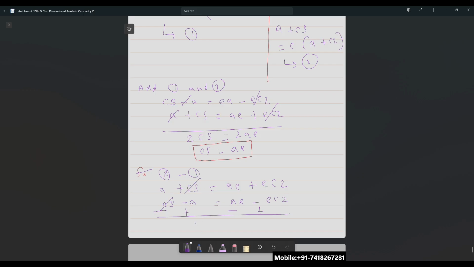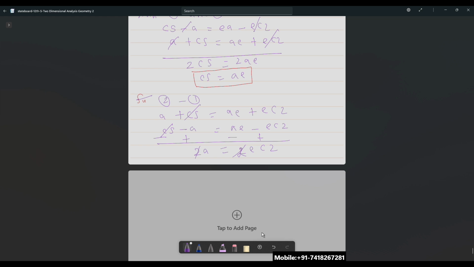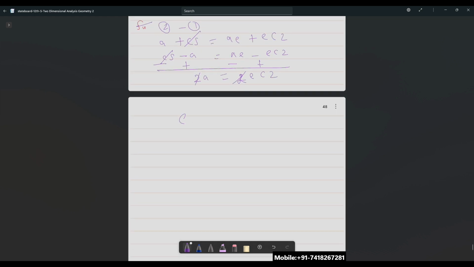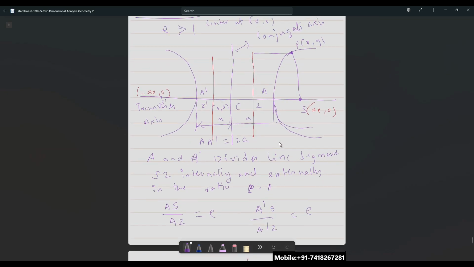You'll have 2a equals 2e times CZ. The 2 cancels, and then we'll have CZ equal to a by e. So again, the directrix CZ is nothing but this one. At this point we will have (a by e, 0). In a similar way, (minus a by e, 0).